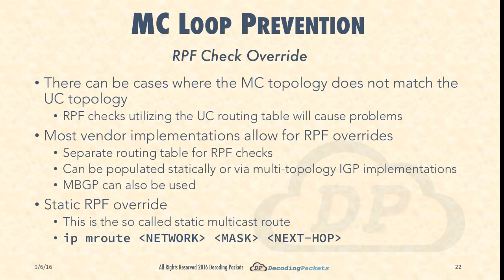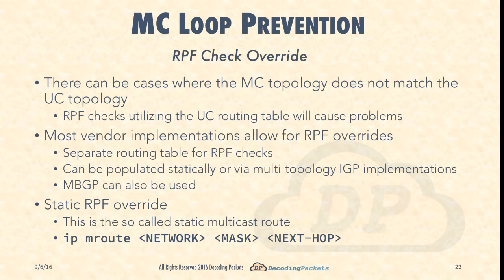Finally, we have to talk about the RPF check override. As I discussed before, there can be cases where the multicast topology does not really match the utilized topology. In this case, the RPF check, if it utilizes the unicast routing table, will obviously cause problems because the exit interface is not really the expected IIF, and ultimately the packets will be dropped. Some of them may make it through, some of them may get dropped later on.